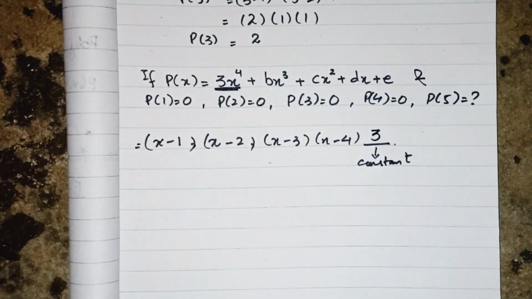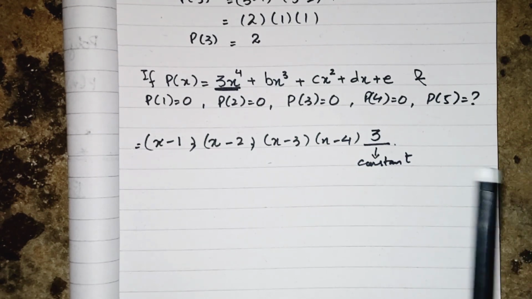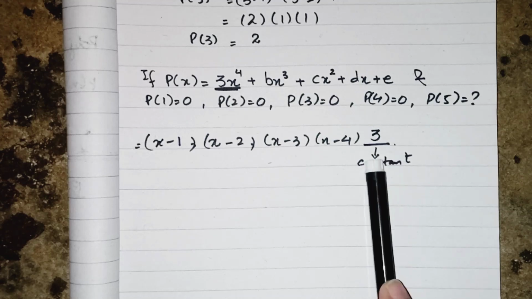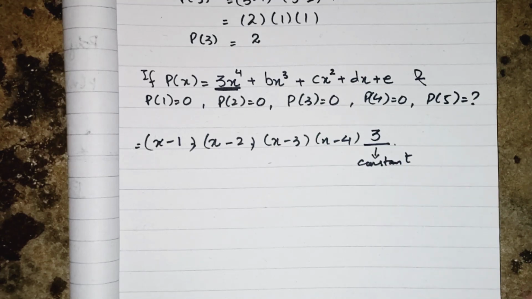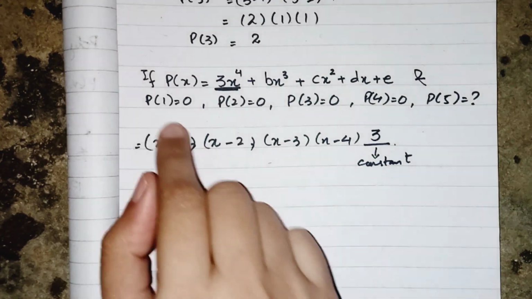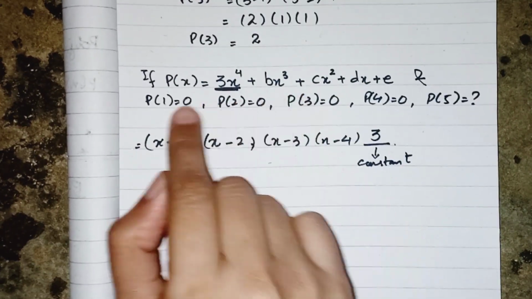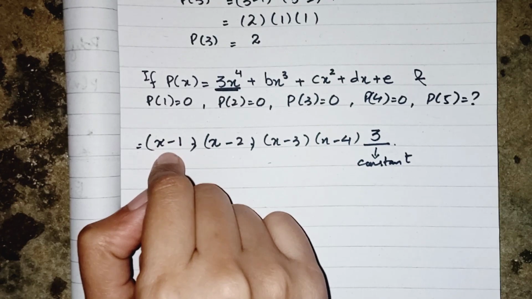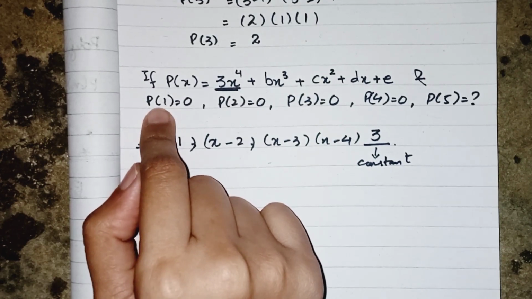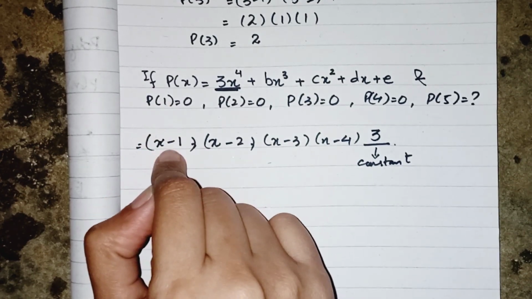and get our answer. According to the factor theorem, how can we find the remaining factor, or you can say the remaining root? By seeing simply that whatever they were giving, they are giving us the roots. These are the roots, so this one is the factor. If minus 1 is the root, then plus 1 is the factor.